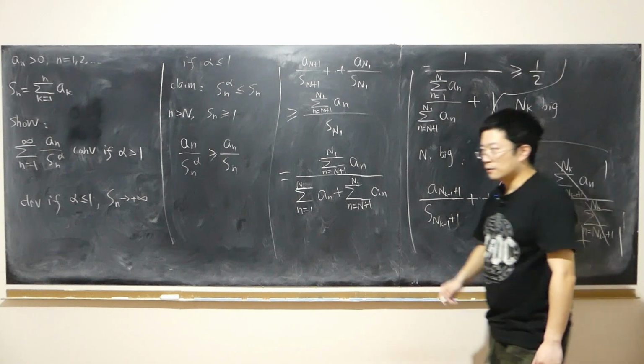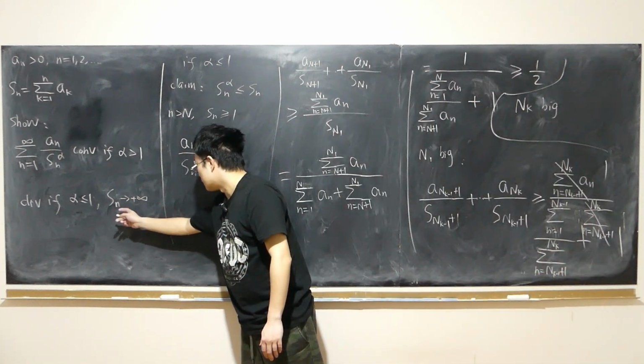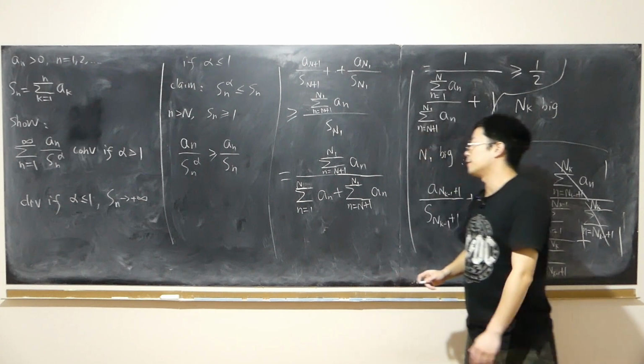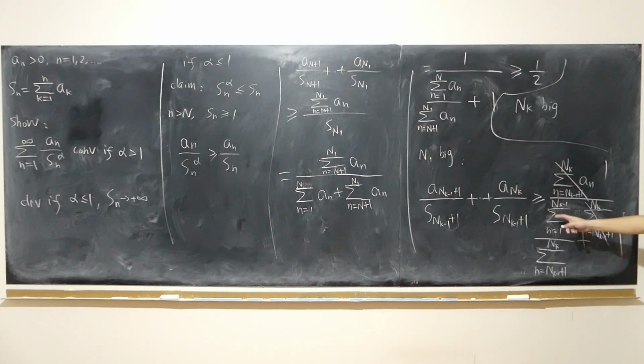Like I said, the whole reason is because Sn is given to be approaching positive infinity. So even though this partial sum may be very big, as long as capital N sub k is big enough, this can definitely be even bigger than this sum. So if replaced with that, then the top will become smaller, or the bottom will become smaller, so this fraction will become bigger. So this whole denominator will become bigger, so the whole fraction will become smaller again.